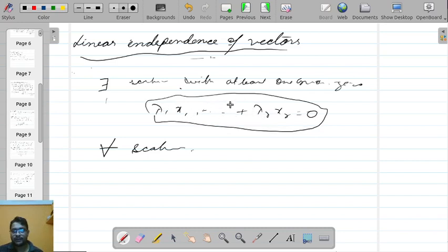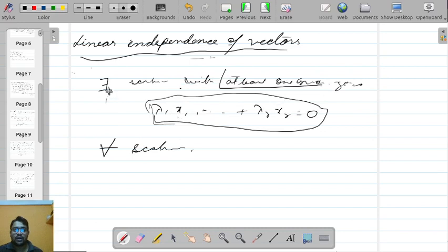It means this quantity is 0, but none of these scalars are non-zero. The negation of at least one is non-zero is none of them is non-zero, meaning everything is 0, right?